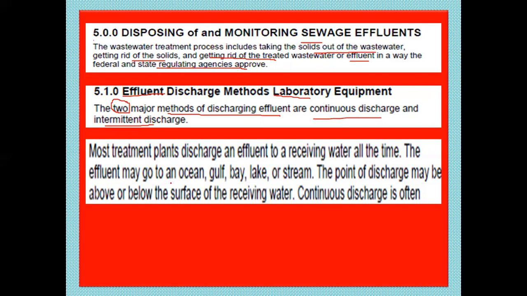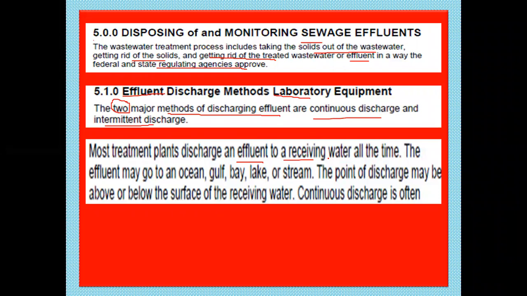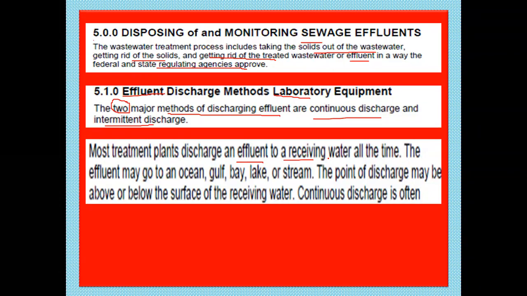From where the water comes to the industries, the wastewater from our industries is retreated and goes back to the same place. That's the meaning. Most treatment plants discharge an effluent to the receiving water all the time. Every time it goes back to where it came from. The effluent may go to the ocean, gulf, bay, lake or streams.